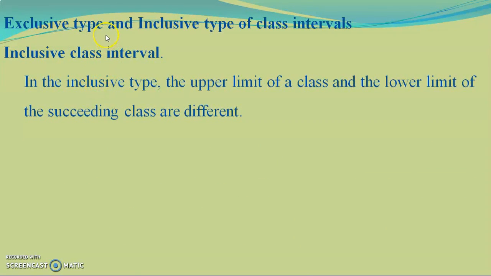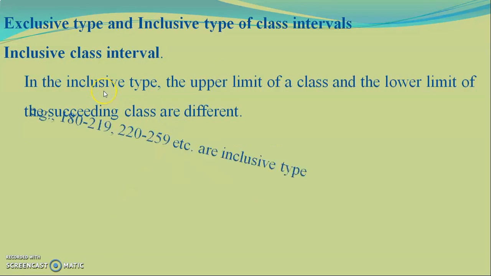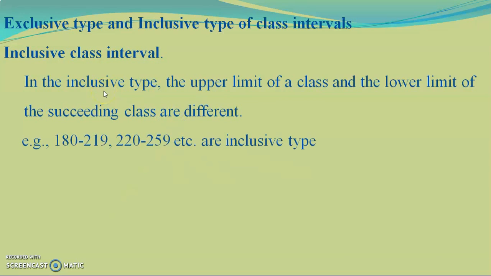And there are 2 types of class intervals: inclusive class intervals and exclusive class intervals. Here you can see from the example itself, 180 to 219 is a class. So it is called an inclusive class interval because the upper limit of this class and the lower limit of the succeeding class are different.